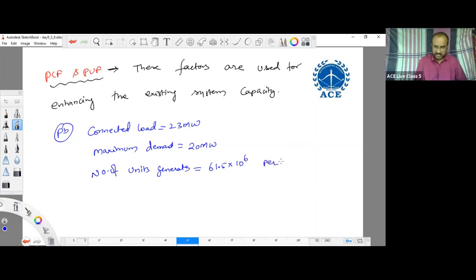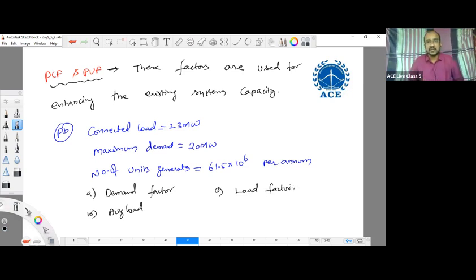Now try to calculate the demand factor, the average load of the system, and the load factor.